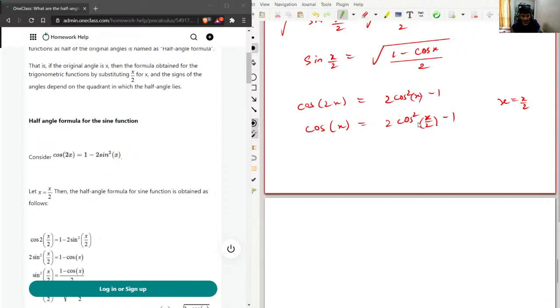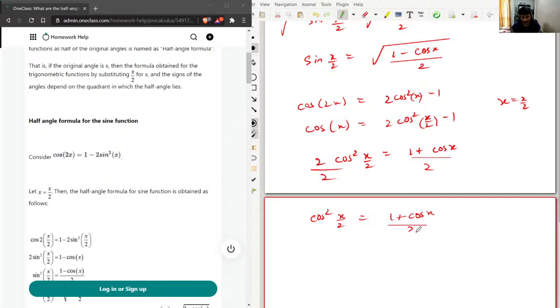Then I'll take 1 on this side, and I'll just flip this term, so cosine square x over 2 equals 1 plus cosine x. Again, I'll divide both the sides by 2, giving 1 plus cosine x over 2. I'll take the square root on both the sides. So this will become cosine x over 2 is the square root of 1 plus cosine x over 2.